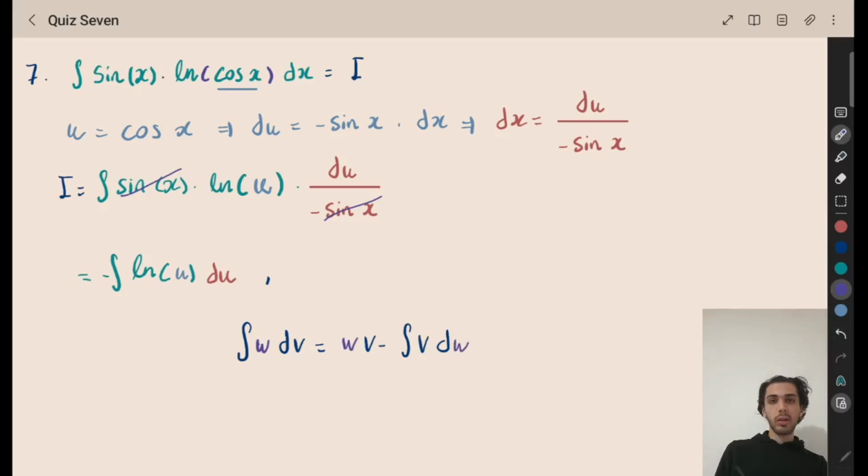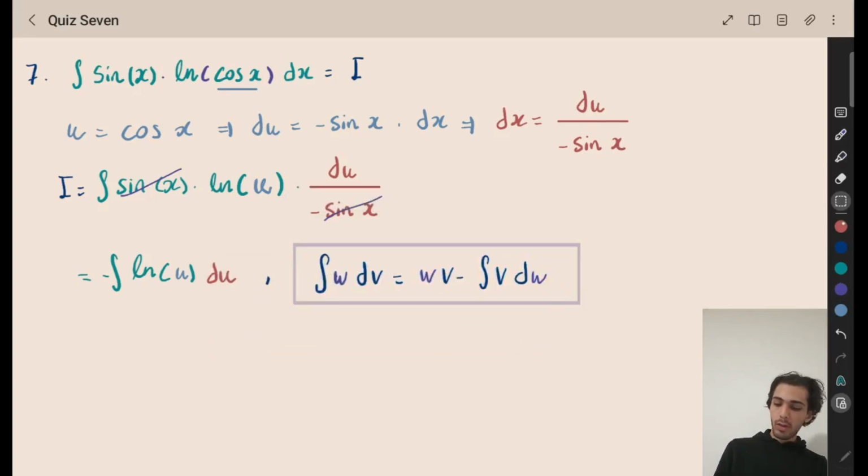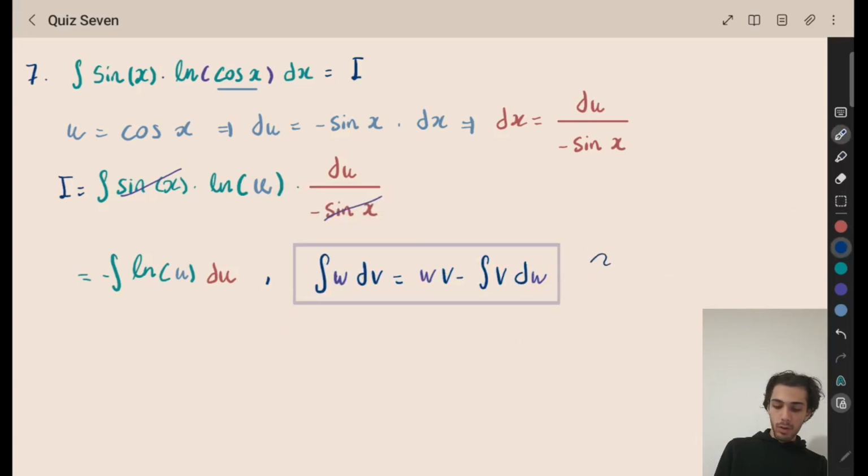I hope that's okay with everyone watching. So this is integration by parts. I will choose w as the term which we take the derivative of. Clearly, you don't want to integrate ln, so you take the derivative of ln.